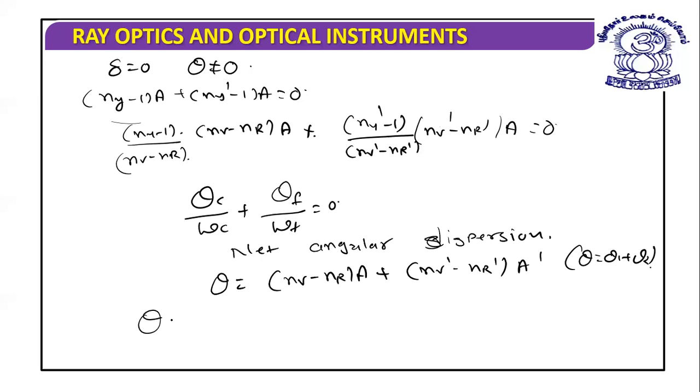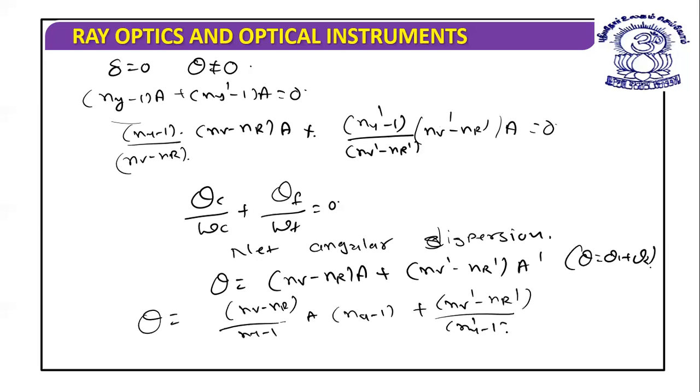Or we can also write it as theta is equal to (Nv minus Nr) upon (Ny minus 1) into A. We have multiplied and divided by (Ny minus 1). Same way for flint glass, we have divided and multiplied by (Ny dash minus 1) into A dash is equal to 0.